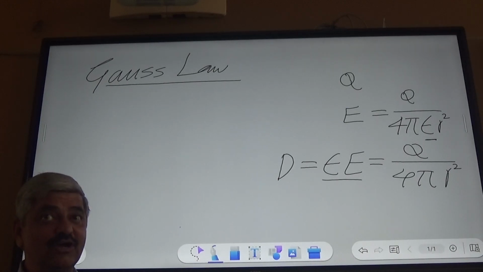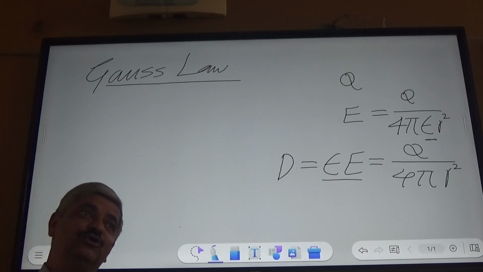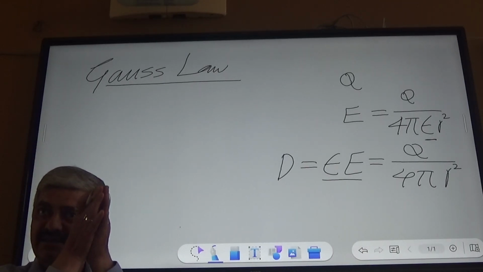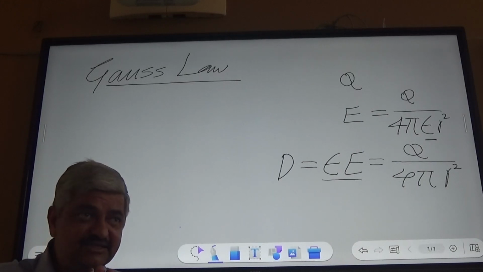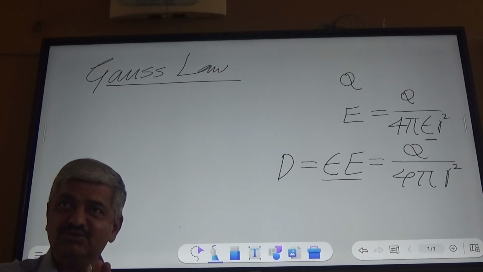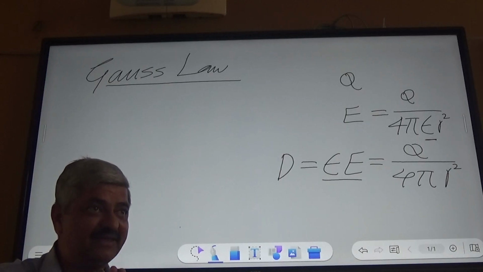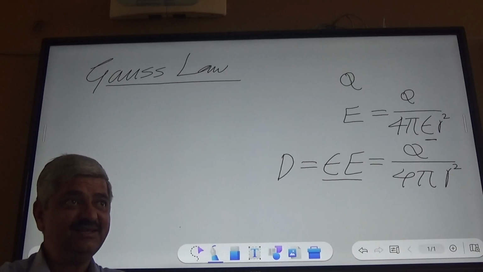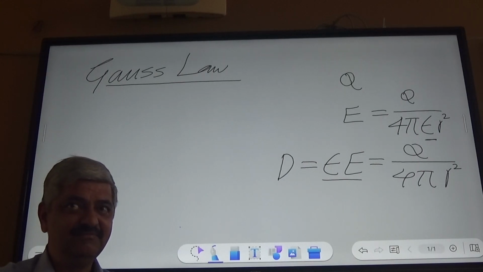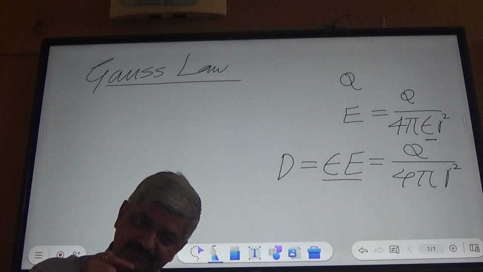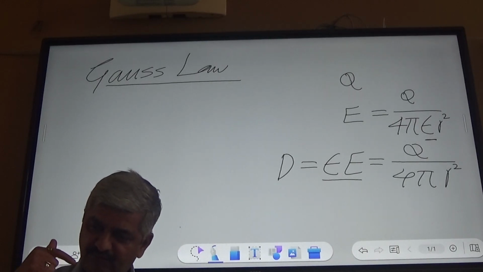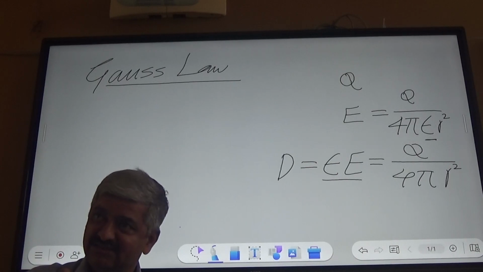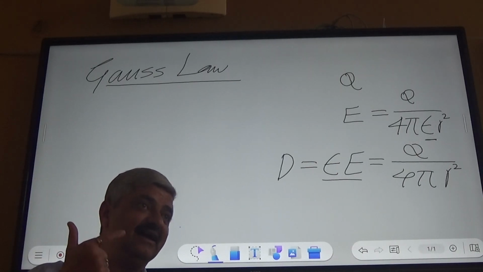Remember. What is a surface? It constitutes either a finite or infinite area. When we talk of a line, we said that it constitutes length but doesn't constitute area.